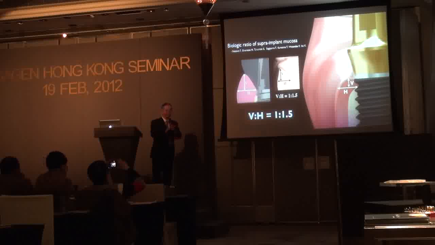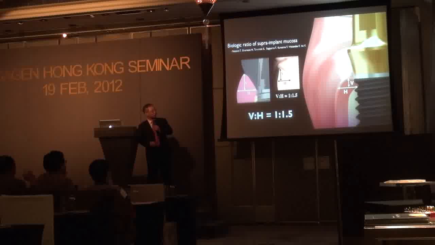This is just physiology. We cannot change this. If you want to maintain the height of gingiva, you should make the gingiva as thick as possible, or you should make the bone thickness as much as possible. So this is a long-term observation of gingival tissue change.